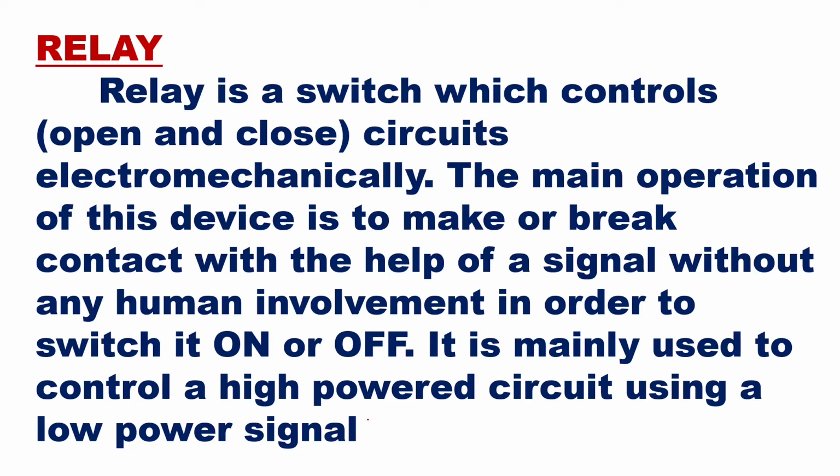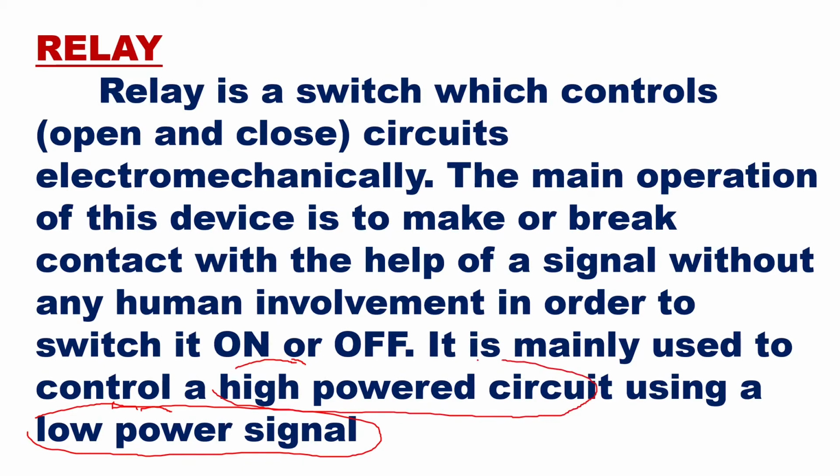Using a low power signal, you are going to make the relay on and off, and that switching on and off of the relay will control a high power circuit. That is the specialty of relay switches.